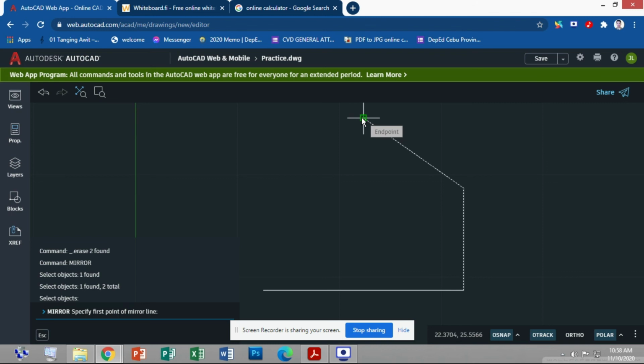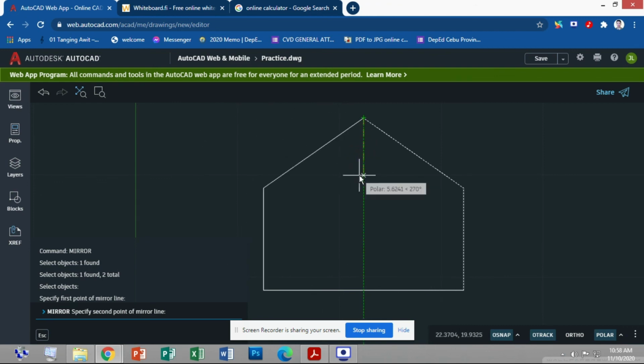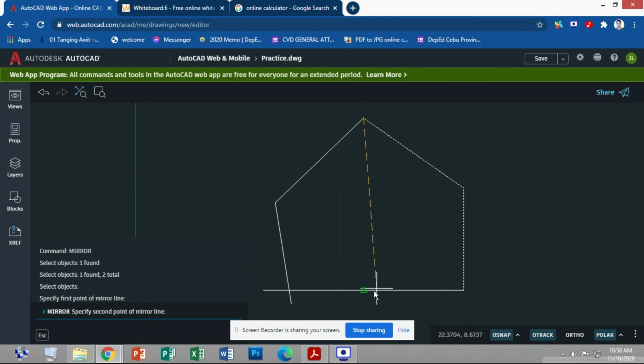So, pag click ko dyan, then I will drag it down. Okay, tignan ninyo. Yellow na line. So, alam nyo na kung bakit dito ko pinoint yung first point ko. Dito ako nag-click sa first point kasi dito sila yung parang intersection nilang dalawa dyan. Pero kailangan ko siyang i-drag pababa kasi hahanapin ko yung midpoint niya dito.